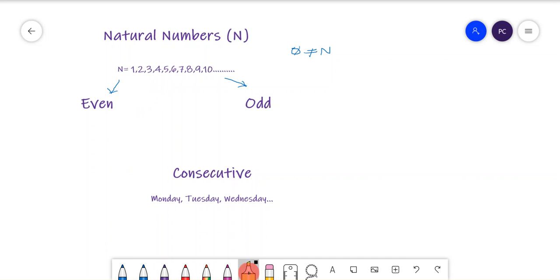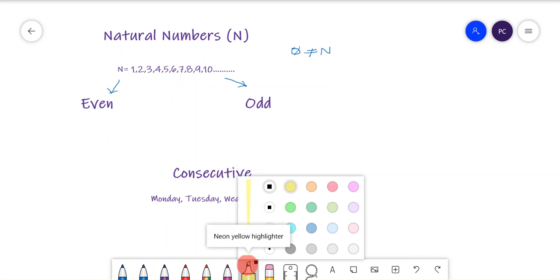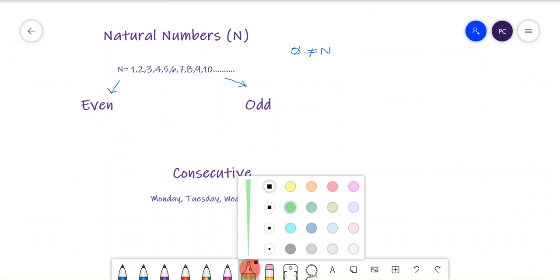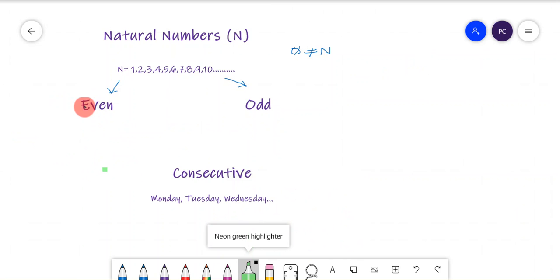So if we have a look here, let me just select this. If we take our natural numbers and we'll use some kind of green, if we look at this list of natural numbers and list out the ones that are even, 2 is an even natural number, 4 is an even natural number, 8 is an even natural number, and 10 is an even natural number.